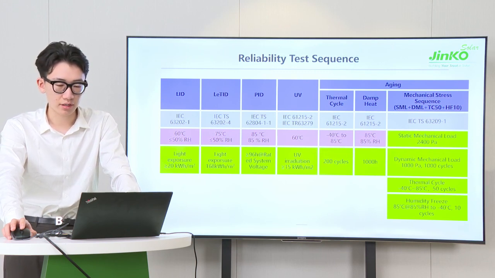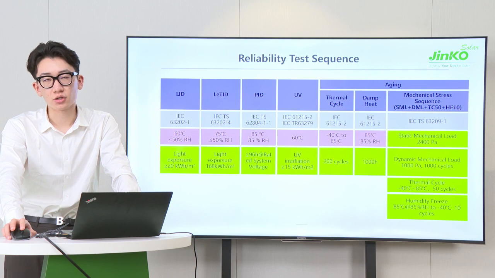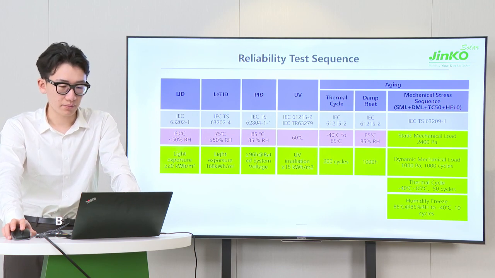SML comprises 3 rounds of 1 hour downward force and 1 hour upward force at 2,400 Pa. And DML comprises 1,000 cycles of oscillating loading at 1,000 Pa. PV modules are then placed into environmental chambers to undergo 50 thermal cycles, followed by 10 cycles of humidity freeze.